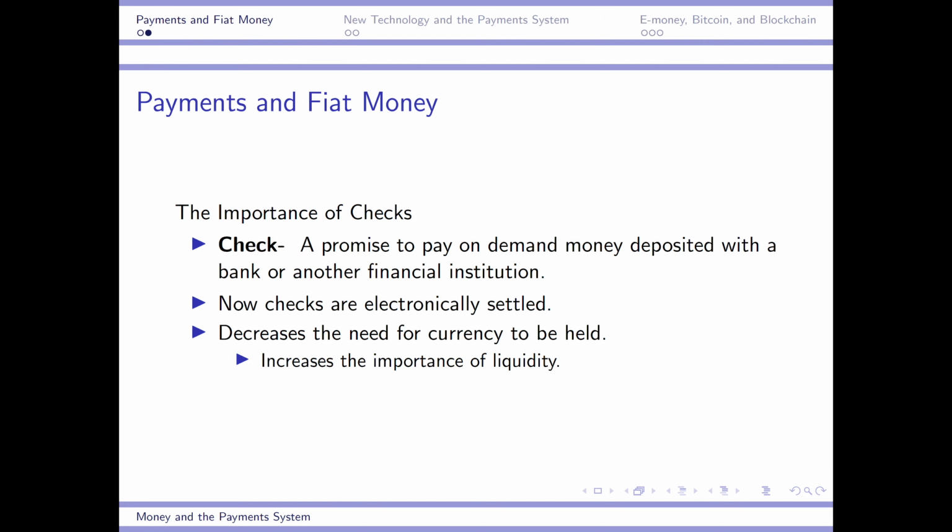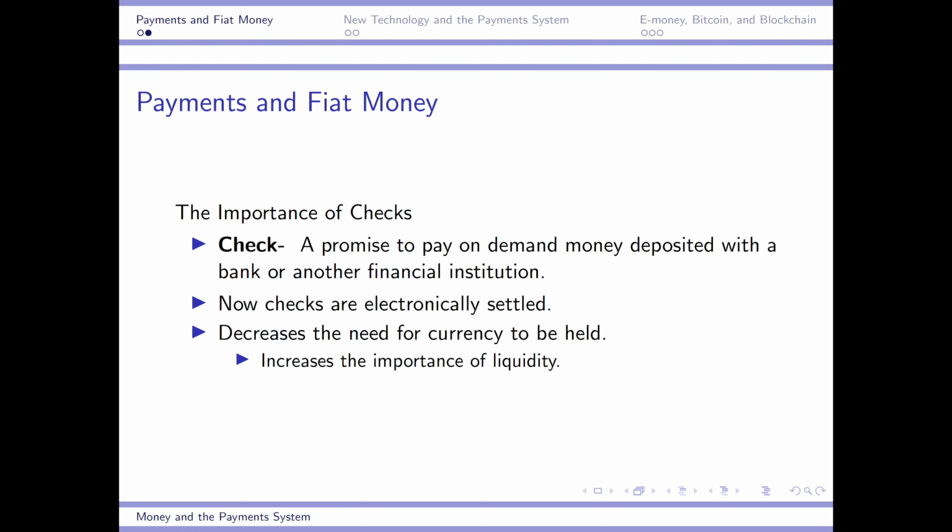What that check is saying is that when you deposit the check, the bank account of the person who wrote the check will give you $50. So it actually has no legal tender whatsoever. It is just the promise of future legal tender.